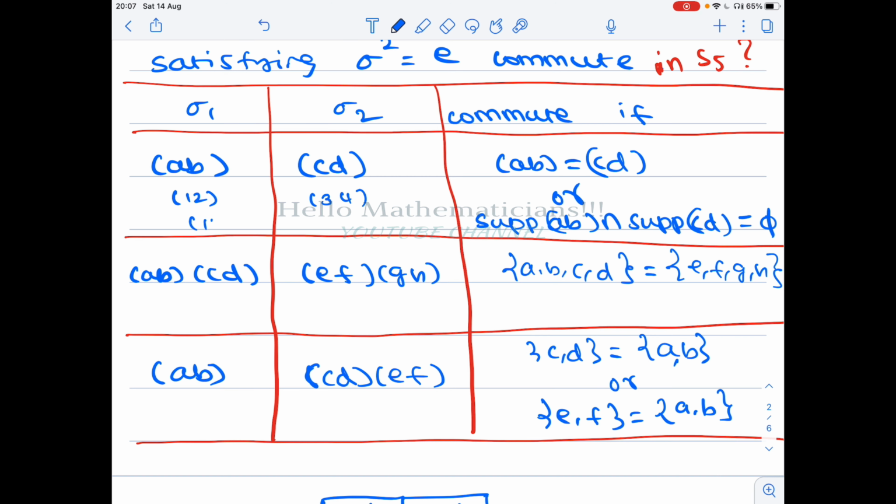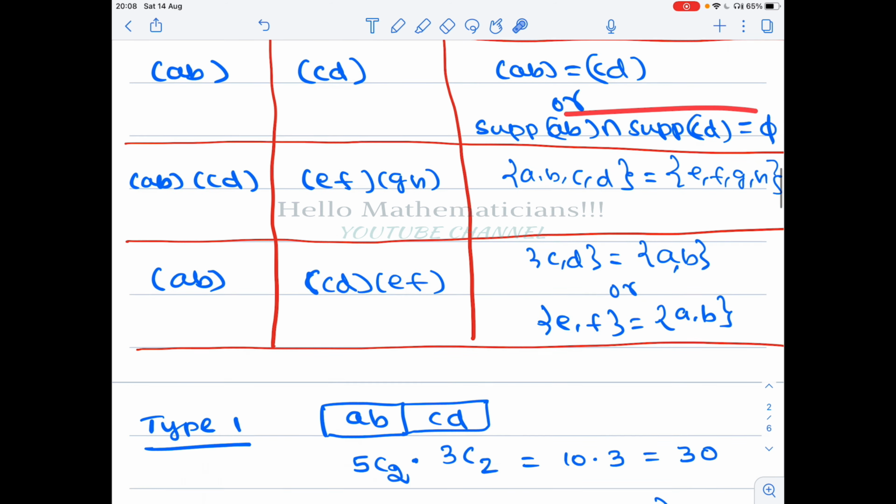But (1 2) and (1 3) won't commute, because this element has support {1, 2}, this element has support {1, 3}, and their supports are not disjoint. So you try to see it through examples, and then you try to prove it also. So two cycles commute if they have disjoint support.